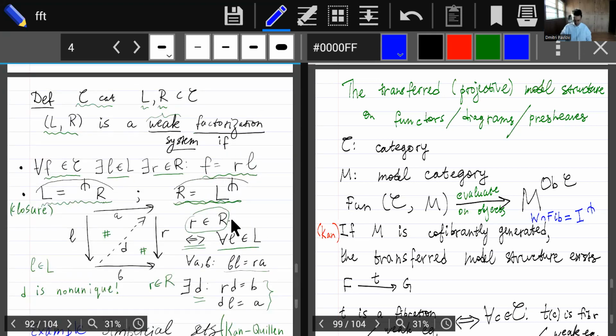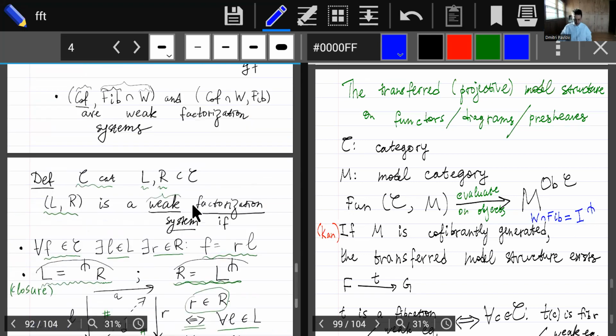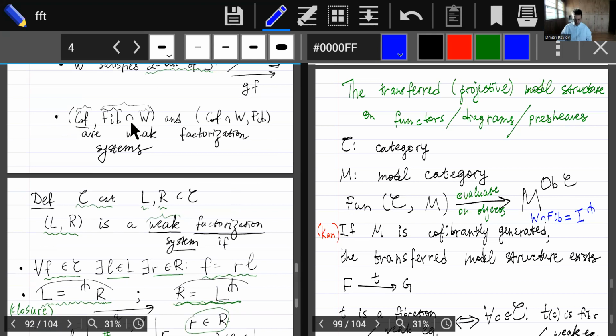You may recall that this pitchfork notation simply means the morphisms with a right lifting property with respect to a given map. And since you already know that in any model category, acyclic fibrations are precisely those maps that have a right lifting property with respect to cofibrations.